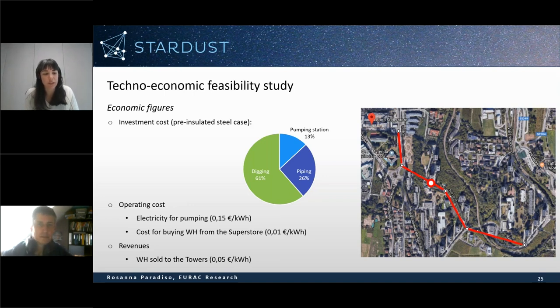So in order to be competitive, this value has been considered to price the waste heat, because 10 euro cents per kilowatt hour should be the natural gas cost in Italy. I don't know if this value is updated, but that's our value. That's our assumption.